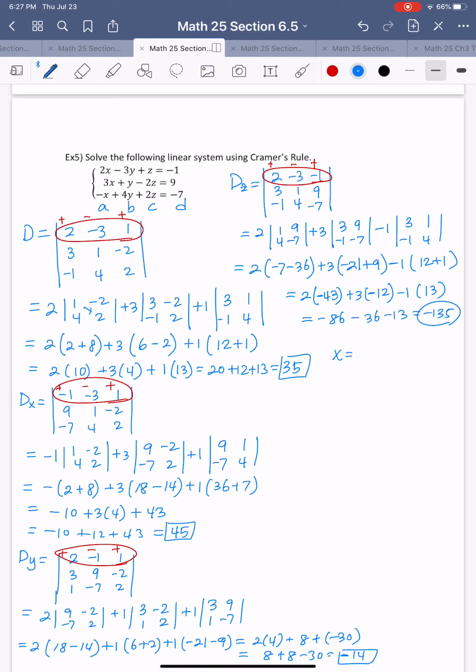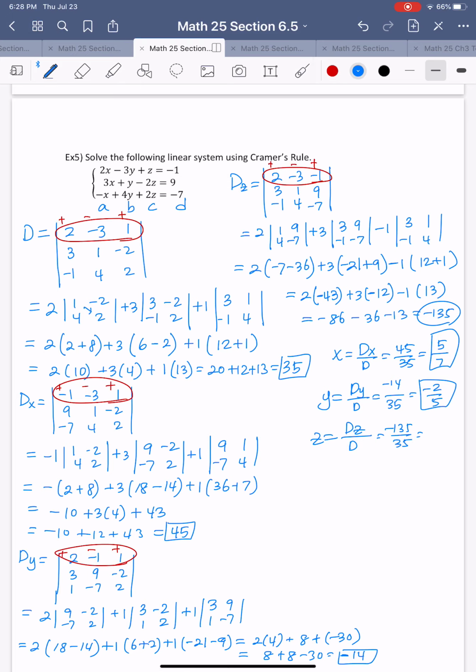So x is D sub x over D, which is 45 over 35 divided by 9. It's going to be 5 over 7. Y is D sub y over D. This y is negative 14 over 35 divided by 7, negative 2 over 5. Z is D sub z over D, negative 135 over 35.